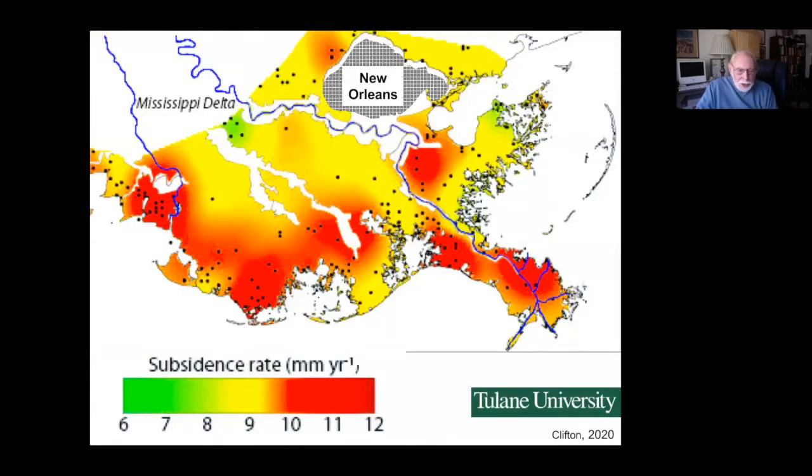The Mississippi Delta is sinking at a rate of about 12 millimeters per year in some of the most extreme areas, but that would be perhaps a matter of a foot or so in a decade or two. So it would be a significant drop in, or relative rise in sea level.